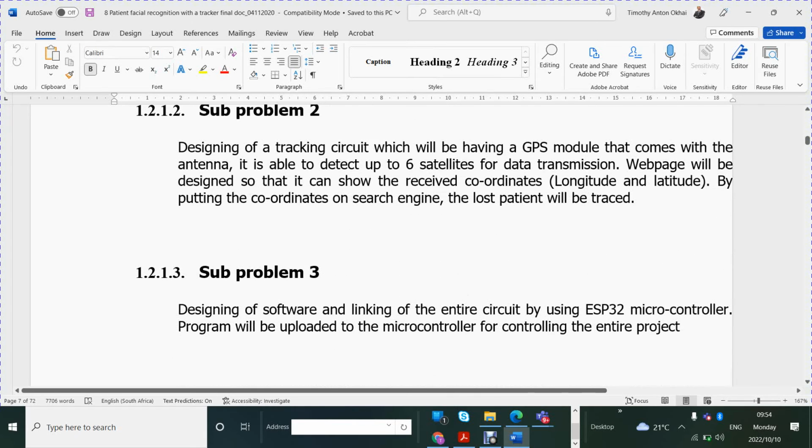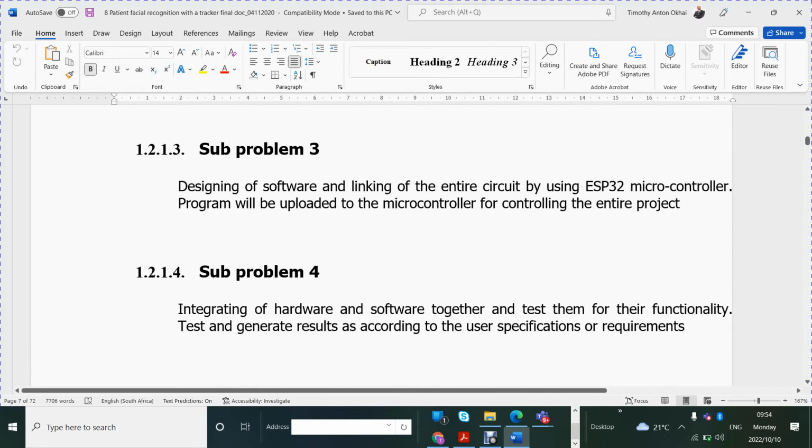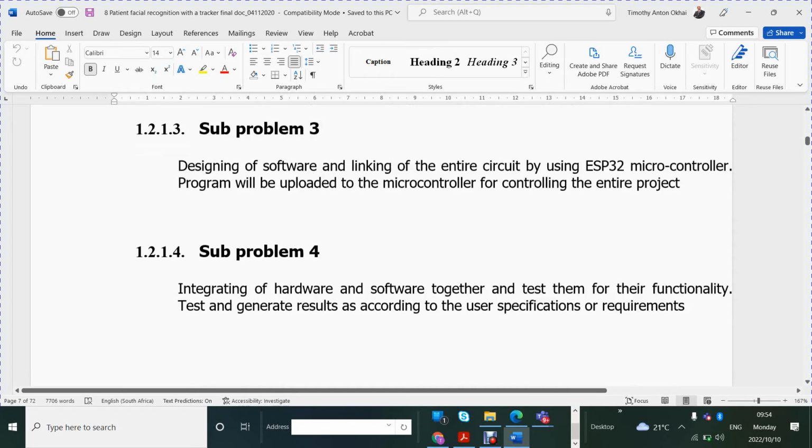The second one, design of a tracking circuit, which will have a GPS module that comes with an antenna. It is able to detect up to 6 satellites for data transmission, and a web page will be designed so that it can show the received coordinates. The third sub problem: designing of software and linking of the entire circuit by using an ESP32 microcontroller. A program will be uploaded to the microcontroller for controlling the entire project.